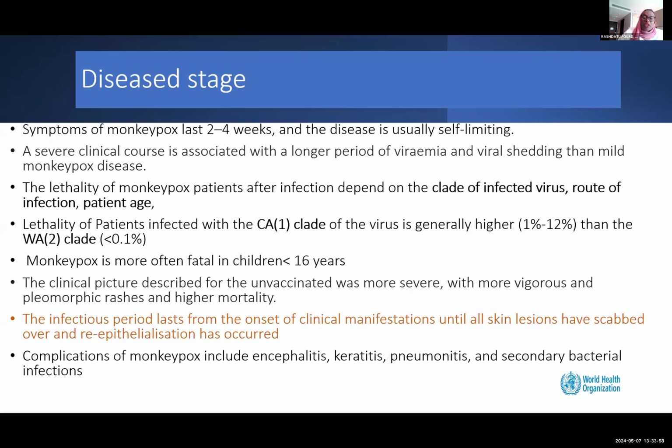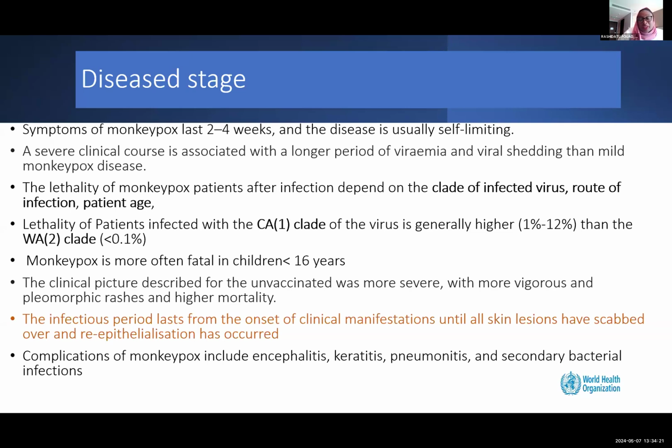The infectious period lasts from the onset of the clinical manifestations. I think I mentioned this again earlier, from the prodrome phase until the rash phase. And please note that until all the skin lesions have scabbed off and re-epithelialization has occurred.